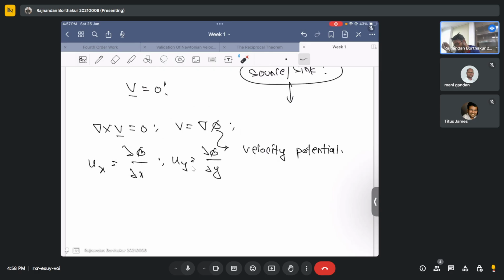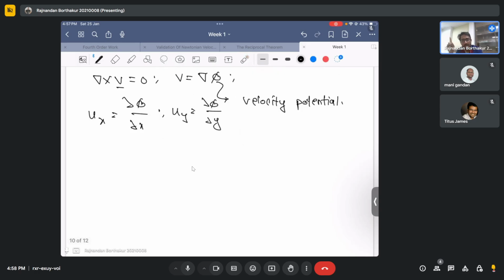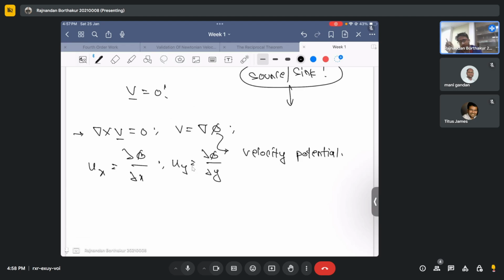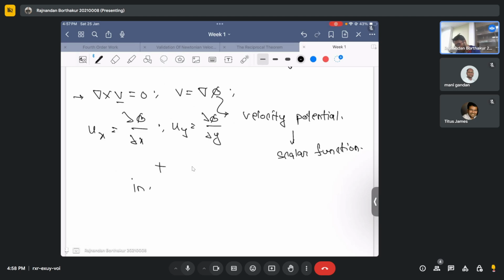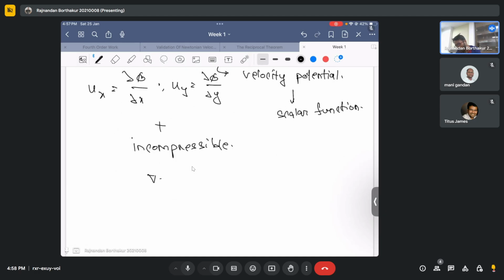Now the important point is, if your flow is irrotational, you can define a velocity potential, phi, which is a scalar function. In addition to this, if your fluid is incompressible, it just means that the divergence of velocity is equal to 0, something we have seen many times.